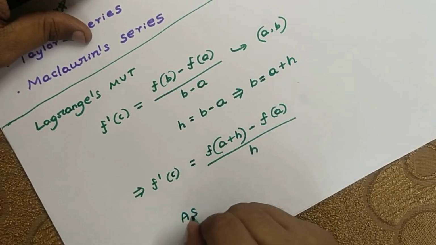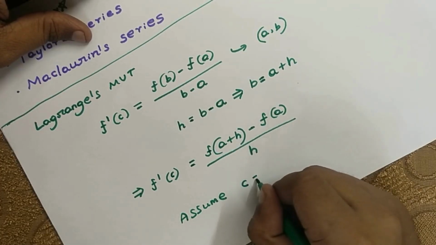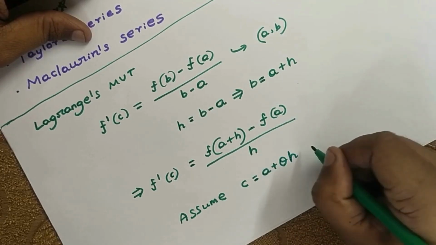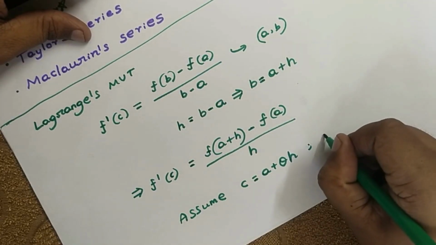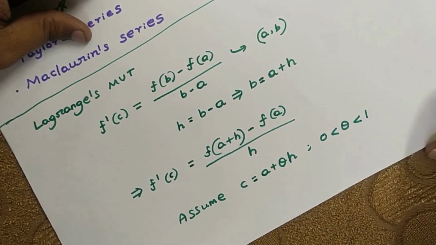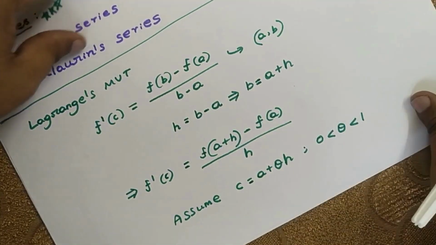Let's assume c as a plus theta h, where theta is very small and lies in the interval 0 and 1. So theta lies in the interval 0 and 1. Let's substitute in this equation.